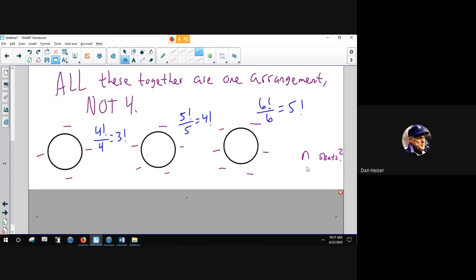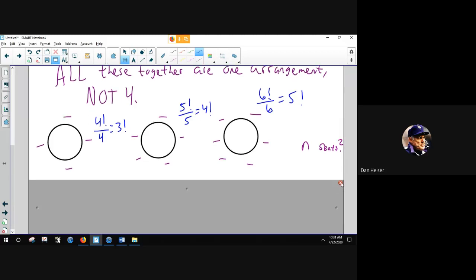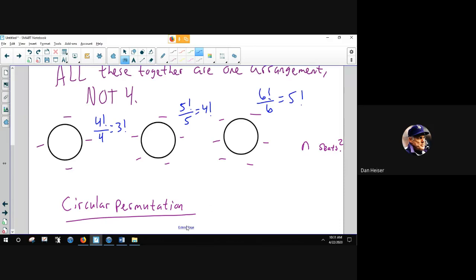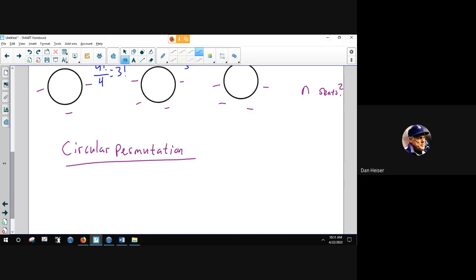How about n seats? For a circular permutation, this is when we arrange things in a circle, n seats would be n factorial divided by n. What's n factorial?